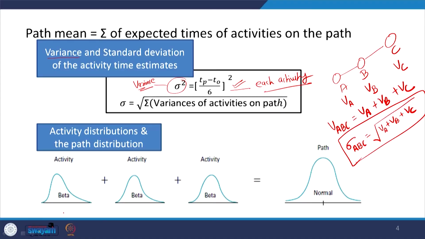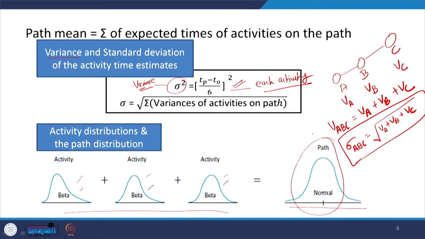Now, these are the different types of activity distributions and path distributions which are possible. You see this is skewed to one direction, this is skewed to another direction, and this is more or less like a normal distribution. So, when we combine all these different types of distributions, it actually becomes the normal distribution.